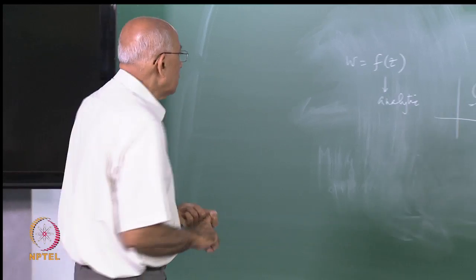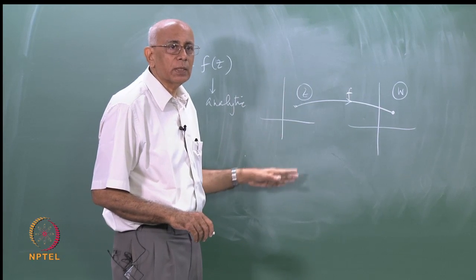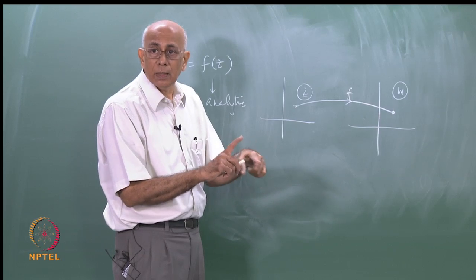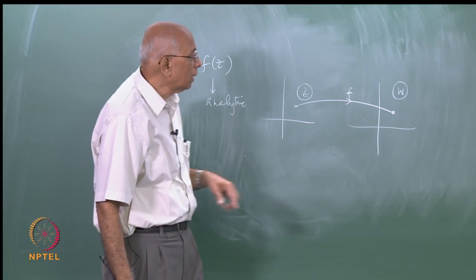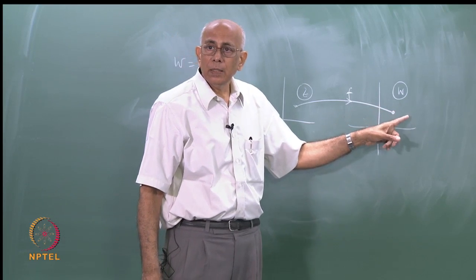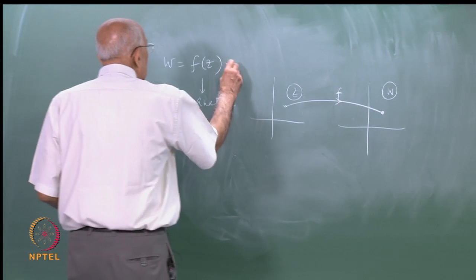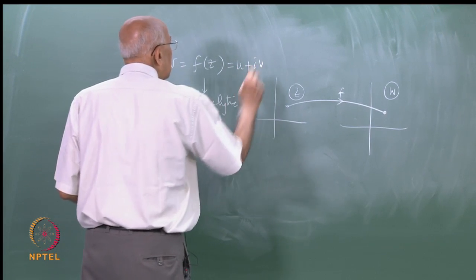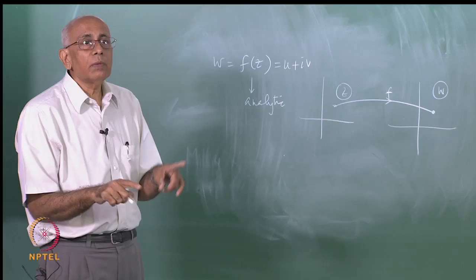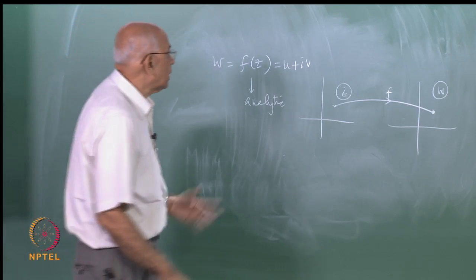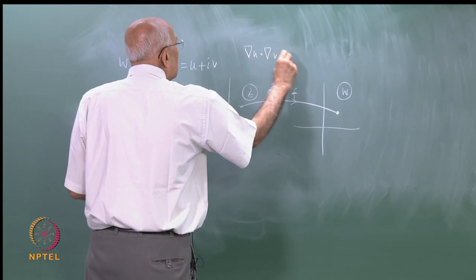In particular, just as the lines of constant imaginary z and constant real z cut each other at right angles, it is the rectangular grid here in the z plane. Similarly, the lines of constant u and constant v, if I call this f equal to u plus iv, recall that because of the Cauchy-Riemann conditions, one of the consequences was that grad u dot grad v was equal to 0.